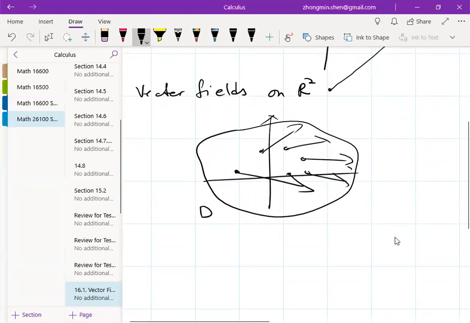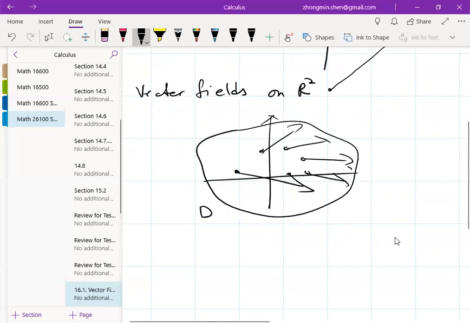So the vector field is actually a function that assigns to each point a vector. It's just a family of vectors, and over this domain D, at every point there's one vector attached. So this is called a vector field.